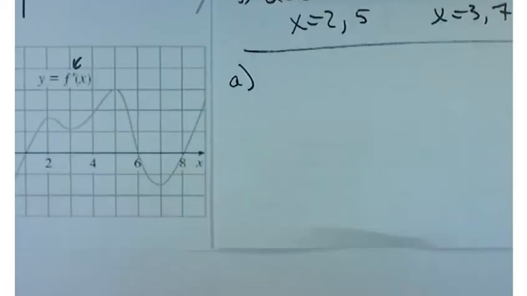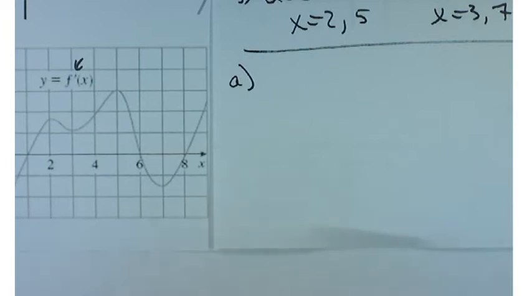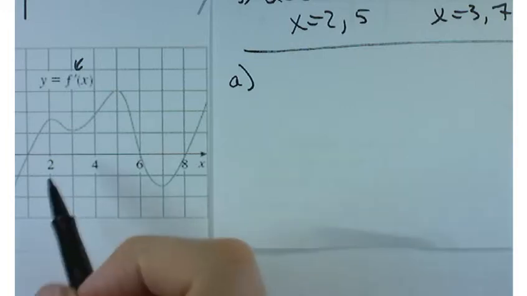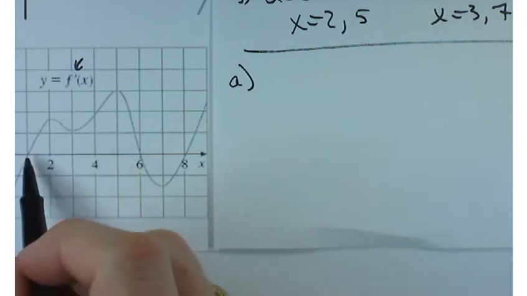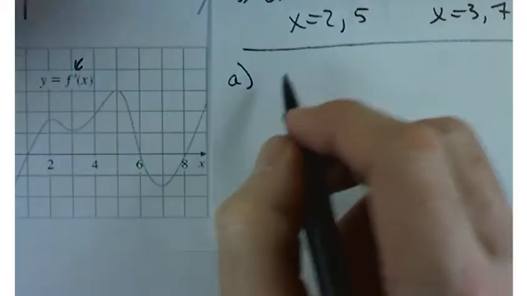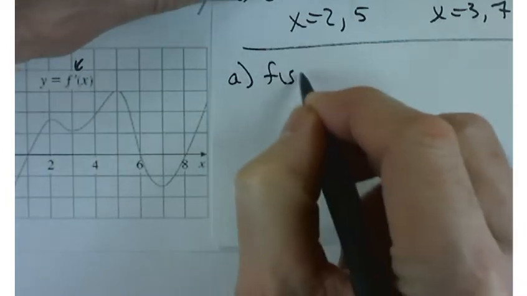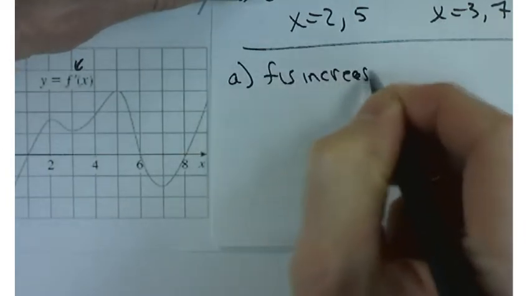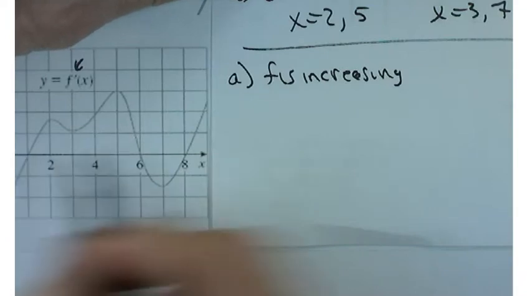So let's take a look here. Part A. Where is it increasing? What has to be true if a function is increasing? What's true about the derivative? It has to be positive, right? So the derivative is positive between what and what points? F is increasing from 1 to 6.